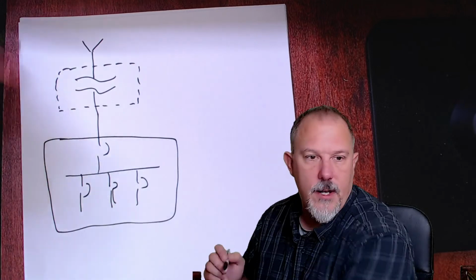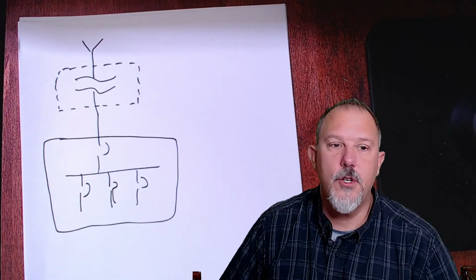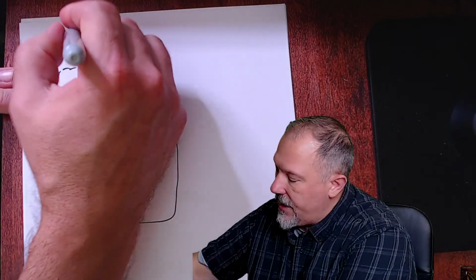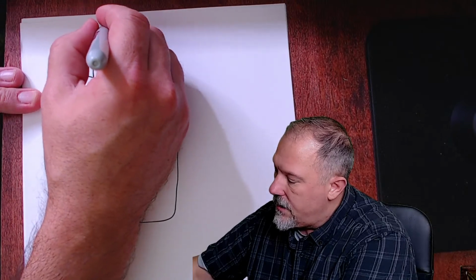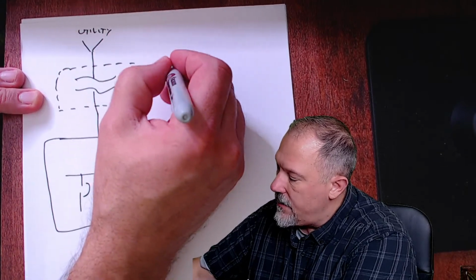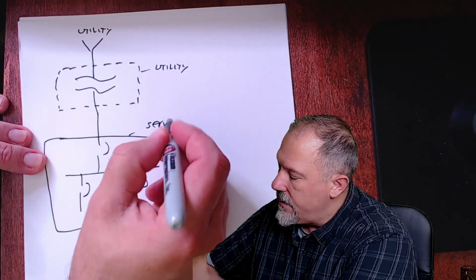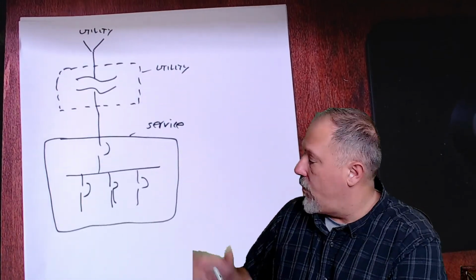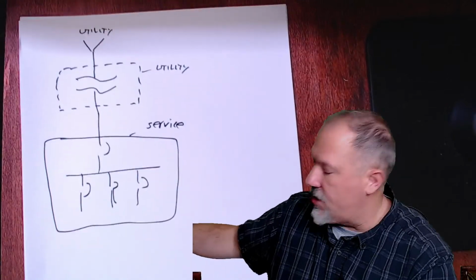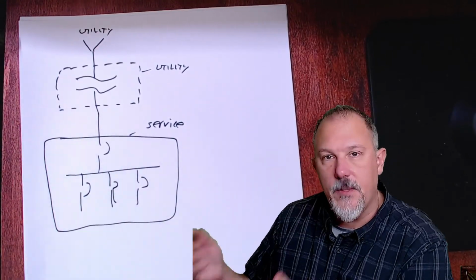I'm not going to draw a dotted line, I'm just going to draw a square. So now I have my service. So this is my utility, and this is the utility transformer. And this is my service equipment. Now, what we know about the National Electrical Code is I need a main if that's a panel board, etc.